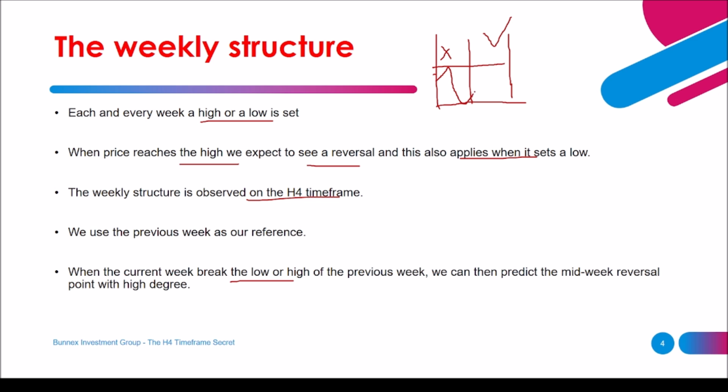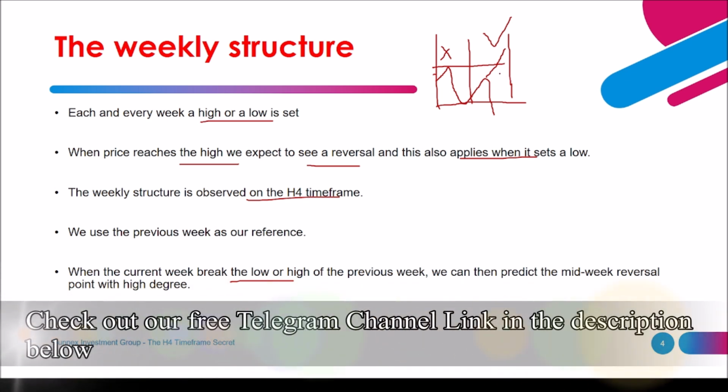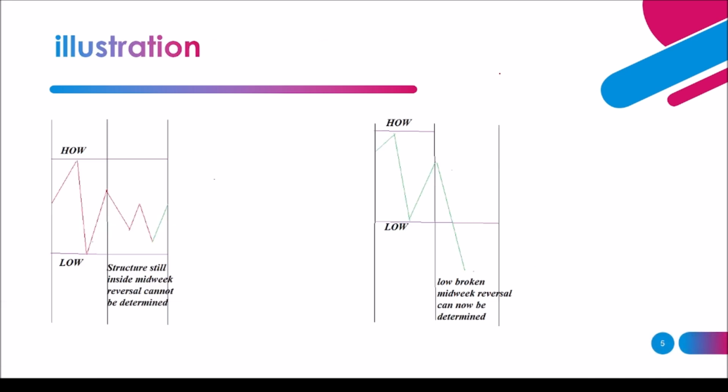So what we are saying, if this current week breaks this low of the previous week, or if it breaks this high of this previous week, it's easy to actually determine the high or low or midweek reversal of this current week using the next concept that we are going to talk about. So make sure you stick up until that point.